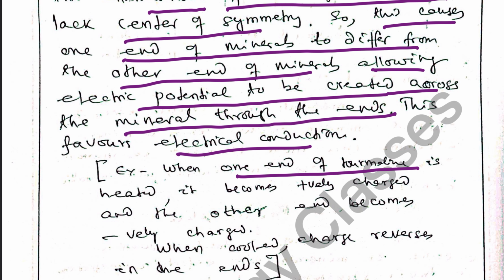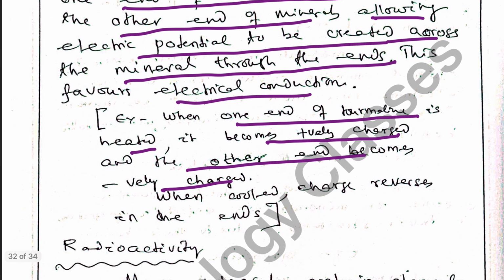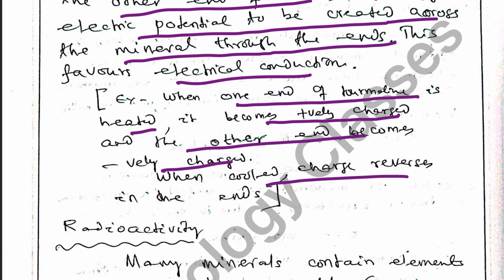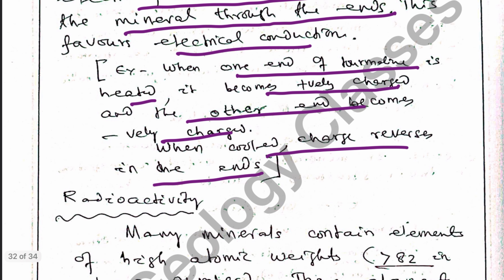When one end of tourmaline is heated, it becomes positively charged and the other end becomes negatively charged. When cooled, the charge reverses at the ends. In this manner, these minerals become conducting.